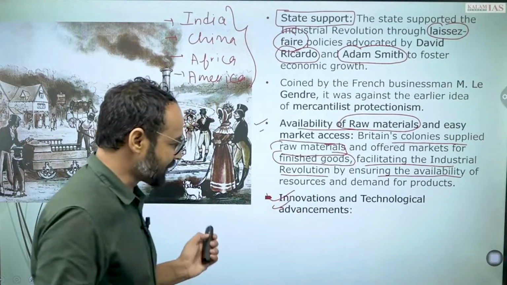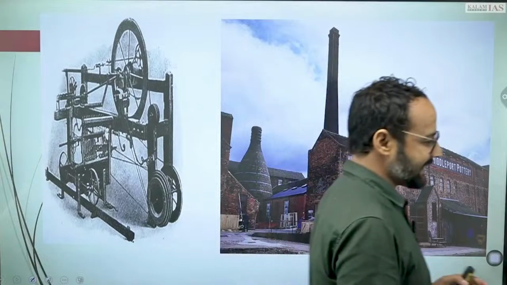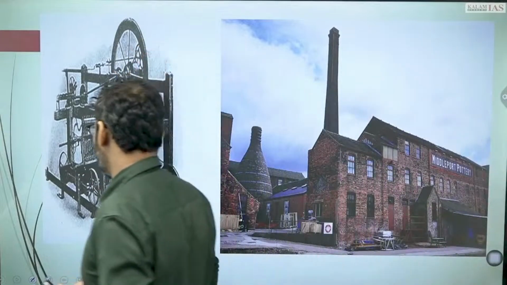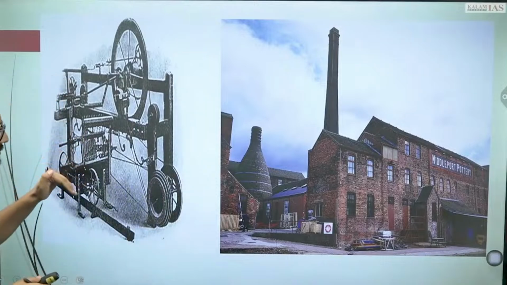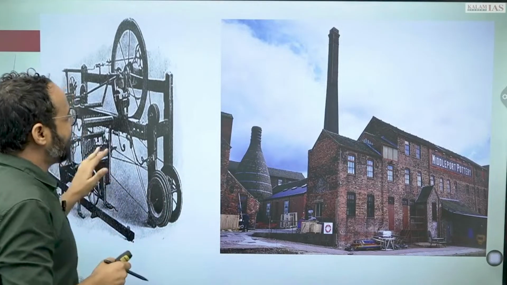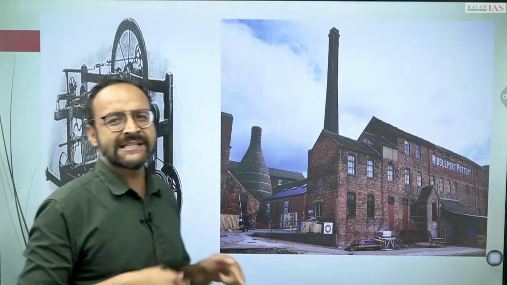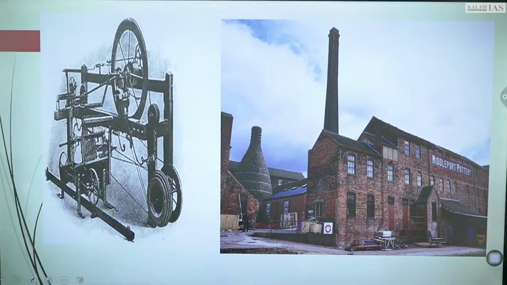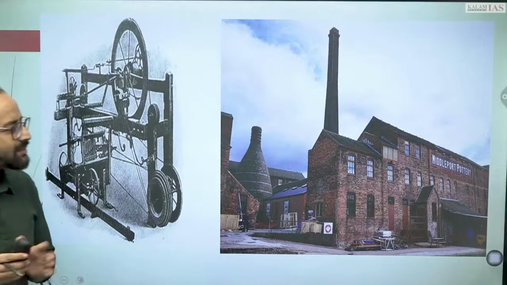Innovations and technological advancements. So this is the technology. This is a machine which looks very crude, but the point is it's spinning. You can spin cotton in this and produce more clothes. So this becomes very important.